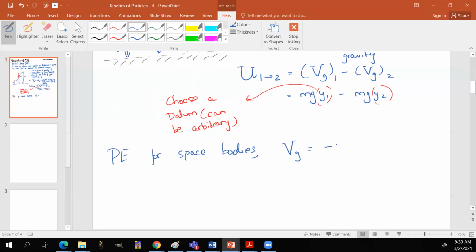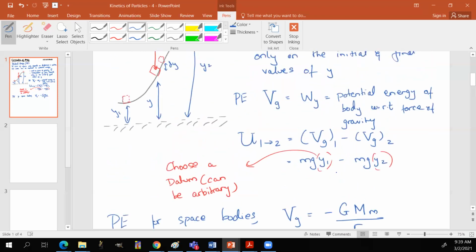And that's just equal to minus G times your big body mass times the small body mass over the distance that you have between them. All right, so potential energy is V. That's the symbol that we use for potential energy, right? So for kinetic energy, we use T. For potential energy, we use V. For work, we use U. All right.